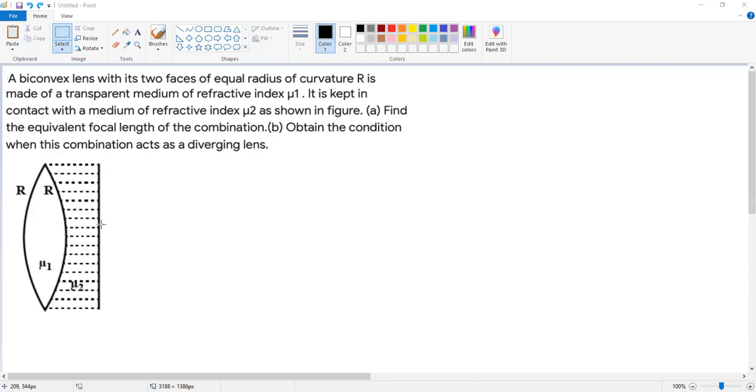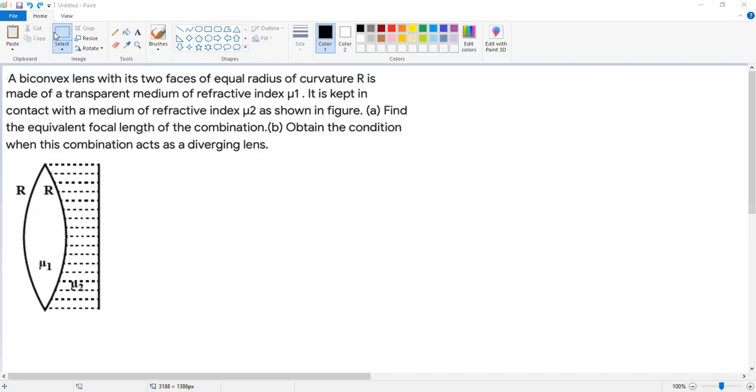The right side is plane, so the radius of curvature will be infinity. The left side has the same curvature as that of the convex lens. The sign convention for convex: R1 is positive, R2 is negative. Concave: R1 is negative, and R2 is supposed to be positive, but this is infinity.